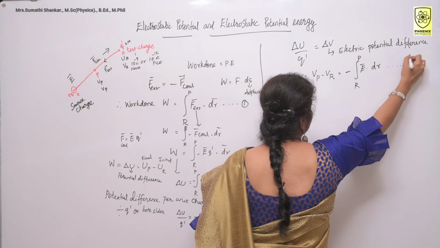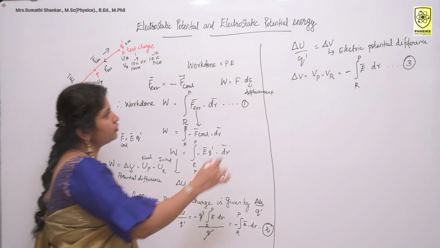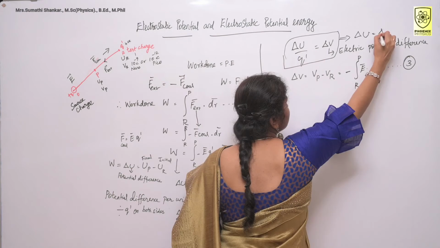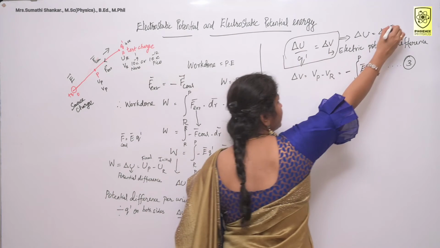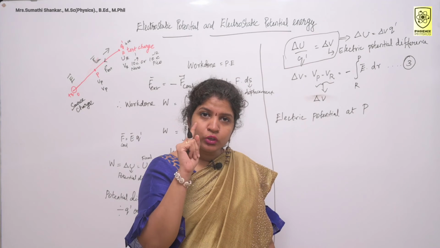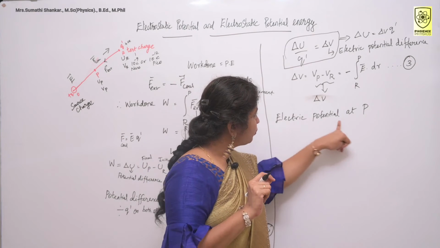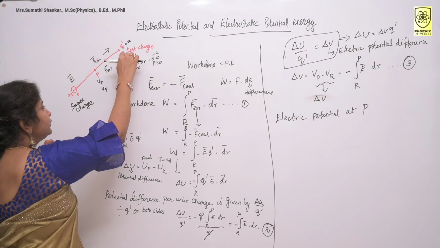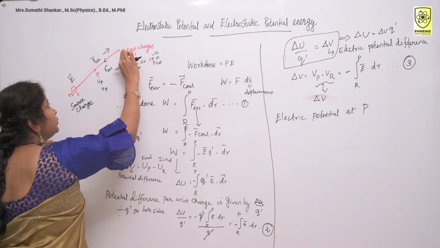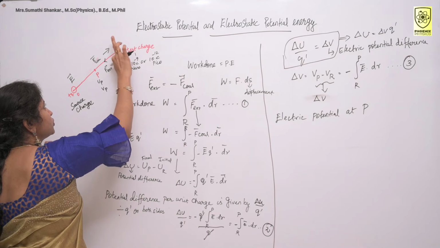This is my equation 3. From this formula, you can easily calculate delta U. This is delta V into Q dash. Next, I want to find the electric potential at one point, that is, the electric potential at point P. Consider this R point is far away from the P point, like this.